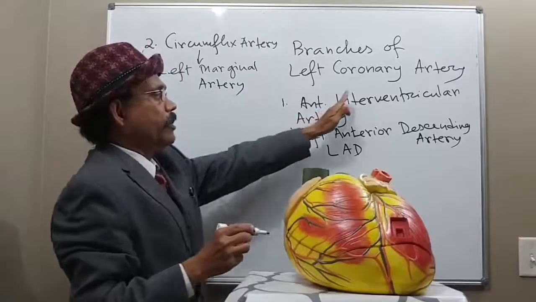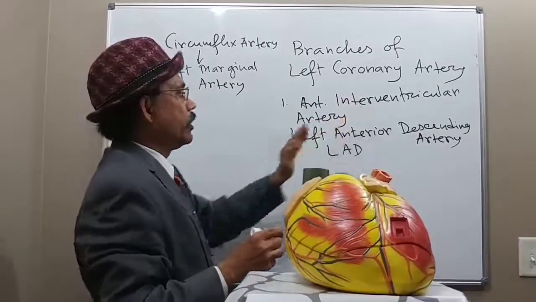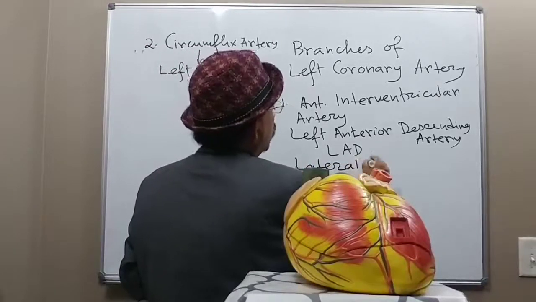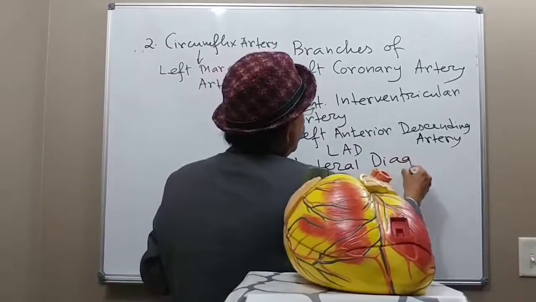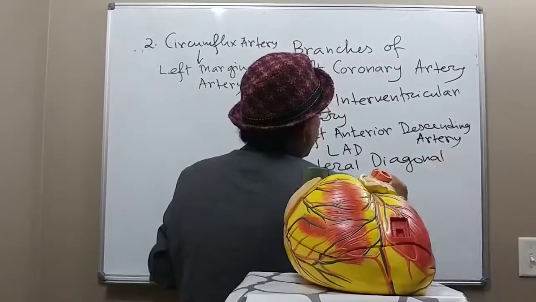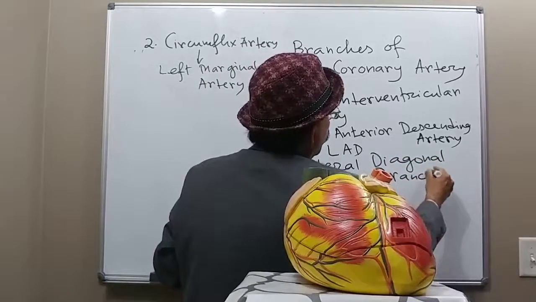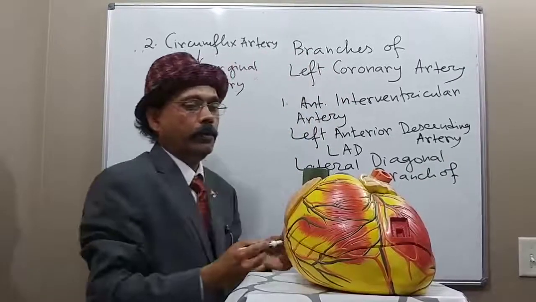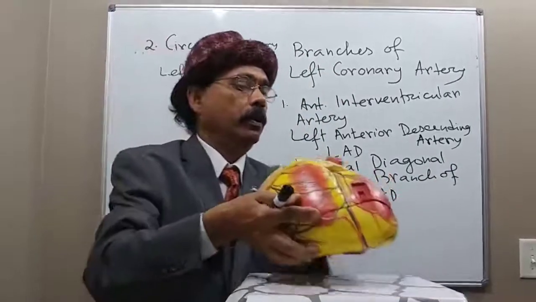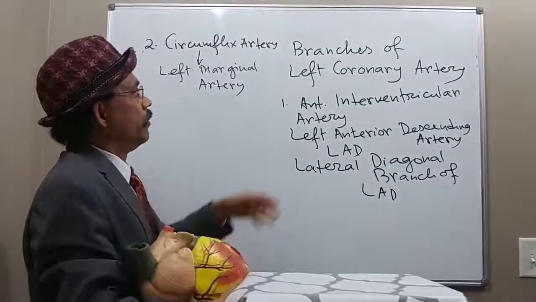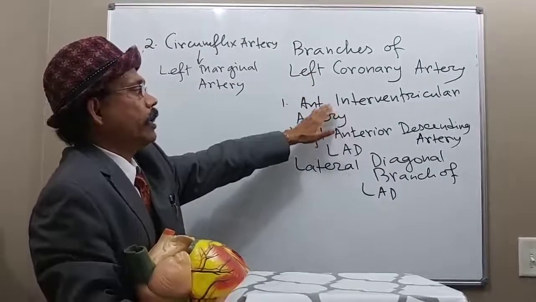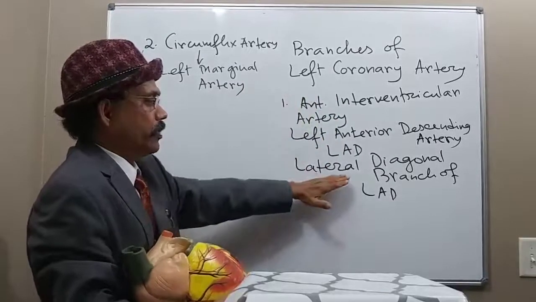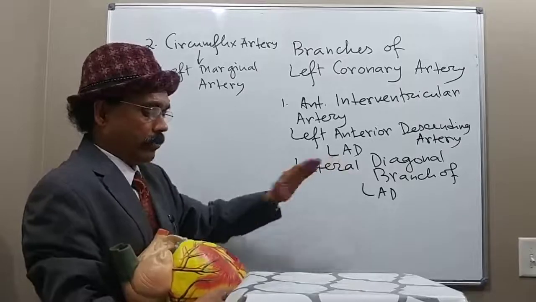Any branch from the left anterior interventricular artery? Yes, we may get the lateral diagonal branch of LAD. So if we go here, branches of the left coronary artery: the LAD or anterior interventricular artery has a branch called the lateral diagonal branch of LAD.